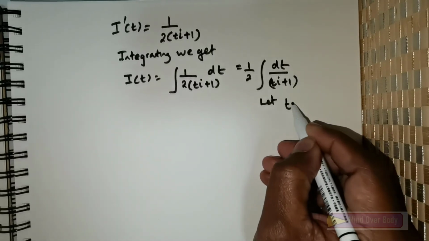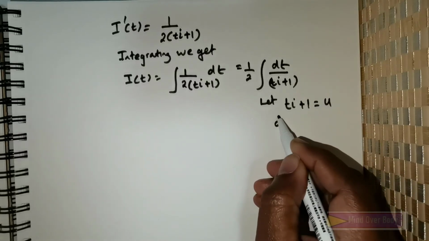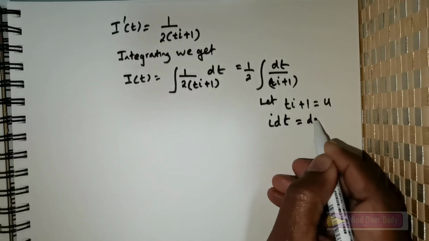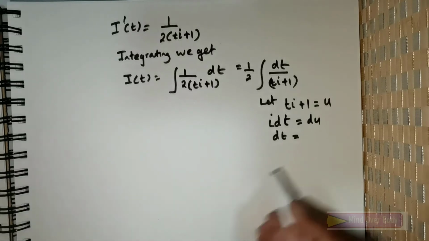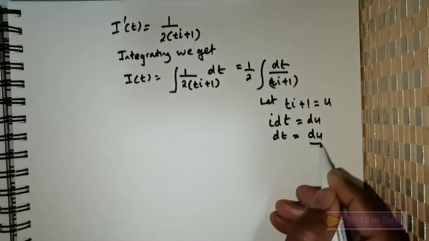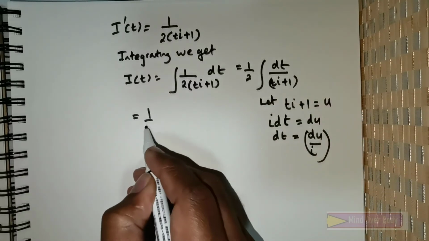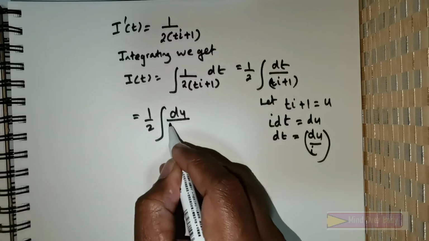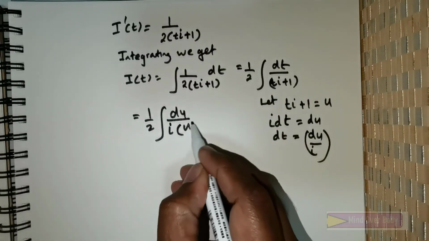Now if I were to take ti plus 1 equal to some u, this is going to be dt times i is equal to du, which is nothing but dt is equal to du divided by i. If I substitute that, that's going to be 1 over 2, in place of dt I substitute du divided by i, in place of ti plus 1 it's going to be u.